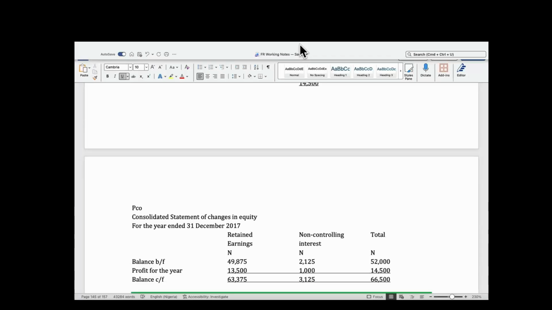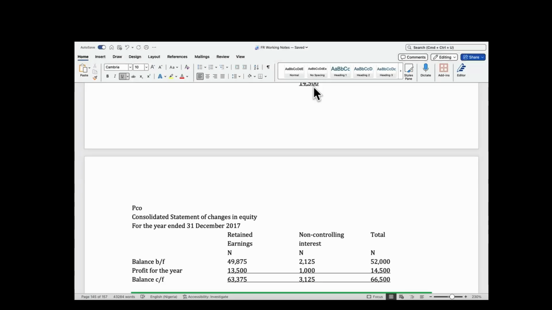No, there's no data that you can use. They will give you the number of shares acquired. They will give you as an additional information, not in P&L. All right. Thank you, sir.